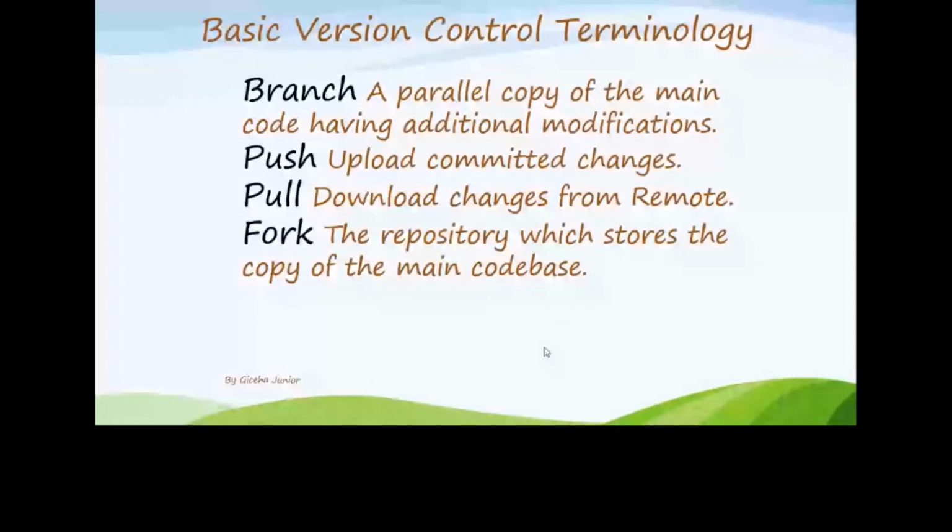And then you have the term push. You upload committed changes. You have committed changes to your local repository; now this is the time when you apply the push command. You just save the commits to the repository on the server.